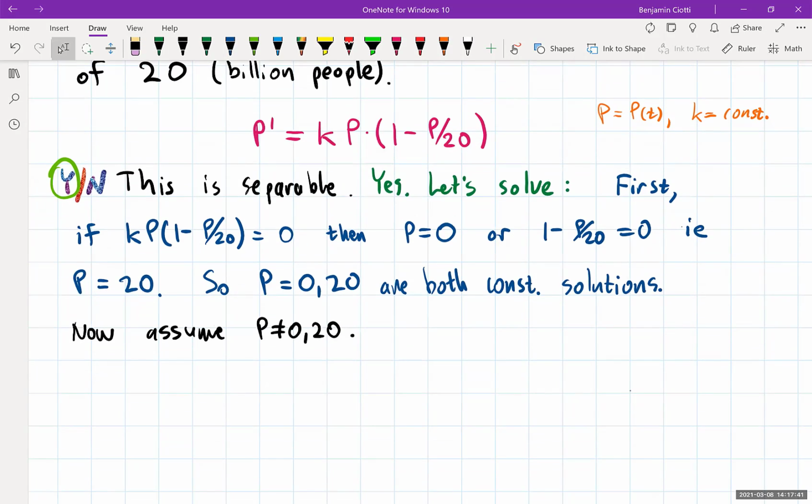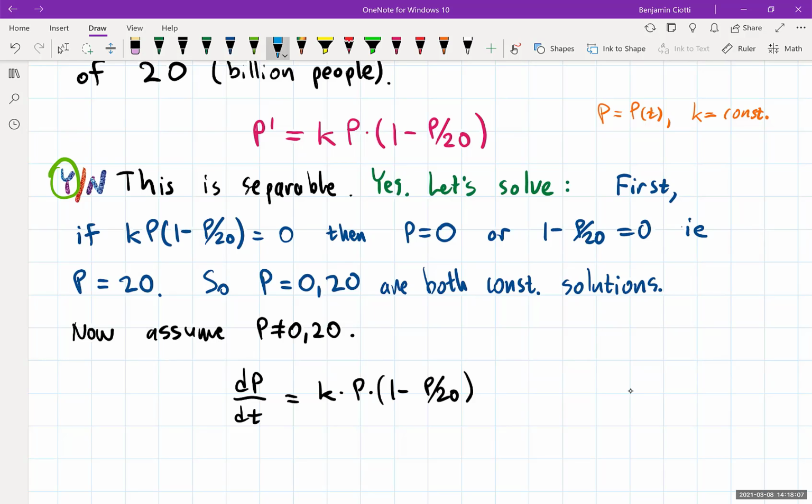Okay, so let's take the equation dP/dt equals K times P times (1 minus P over 20). It's a separable equation. I am now going to separate the variables. I need to get all the P's to one side, all the t's to the other.